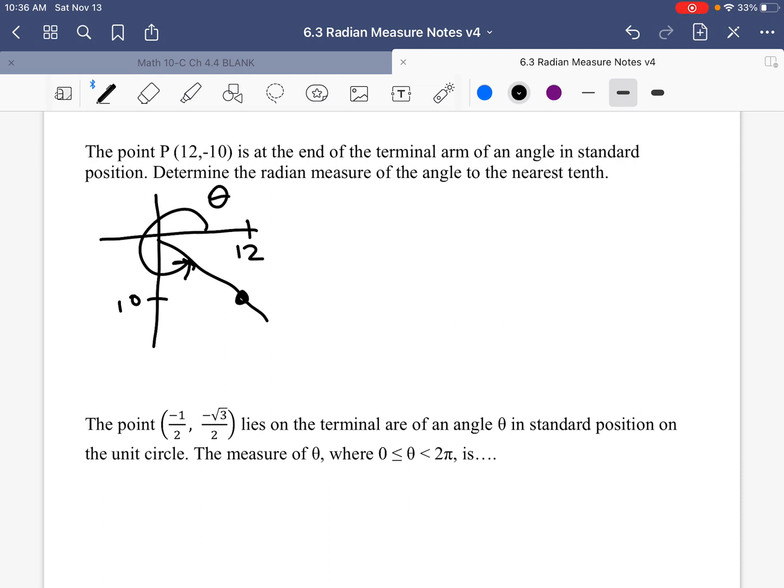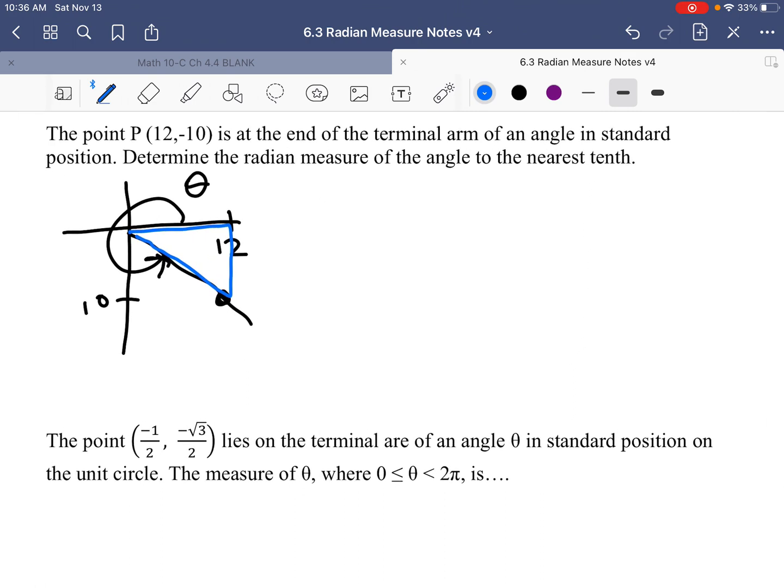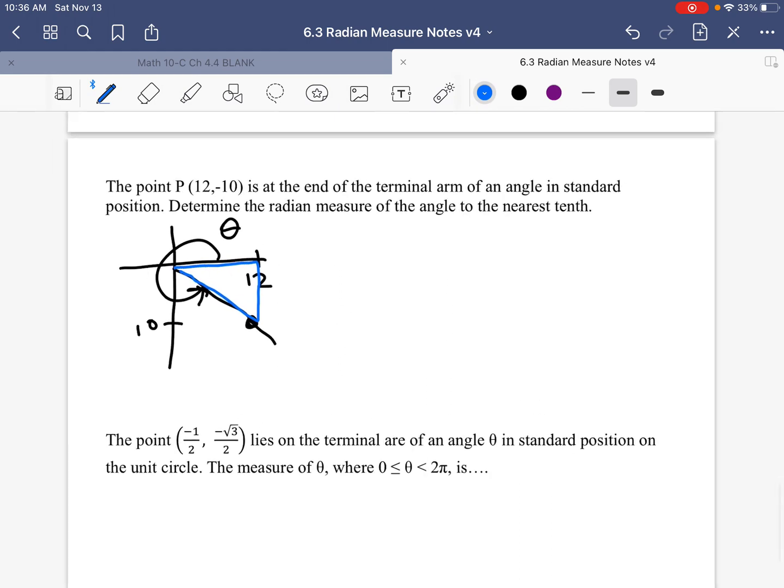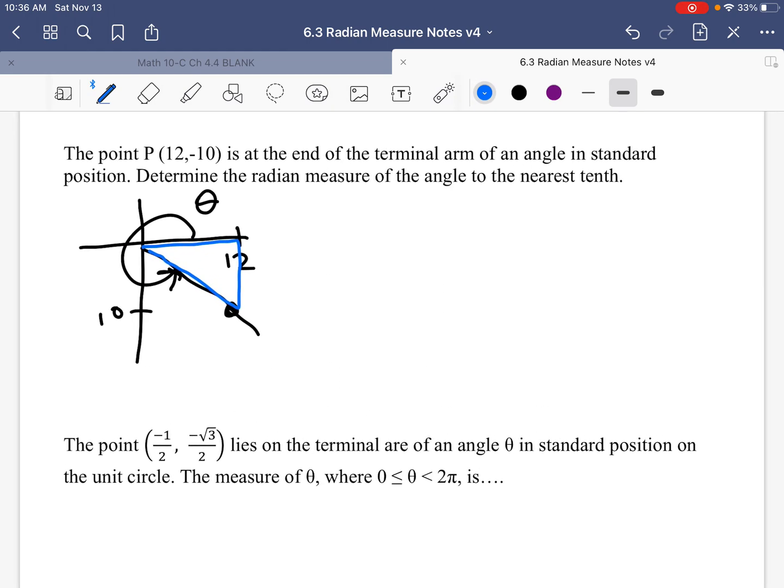Okay, so it's going like that. So what's theta? Now, I'm looking at this triangle. So that is 12, 10, and we're looking for the angle theta here.